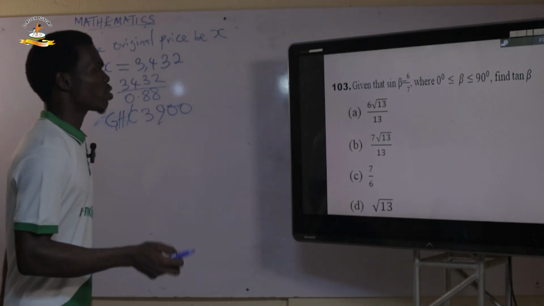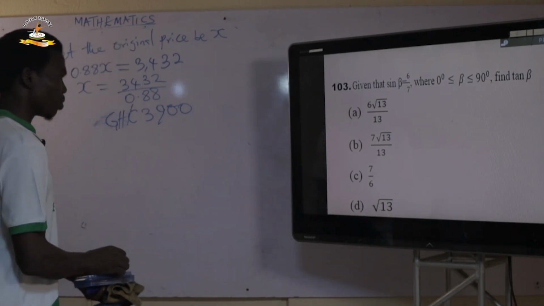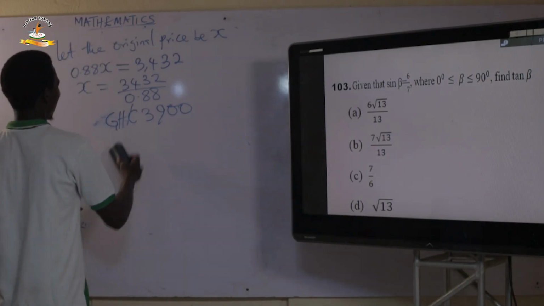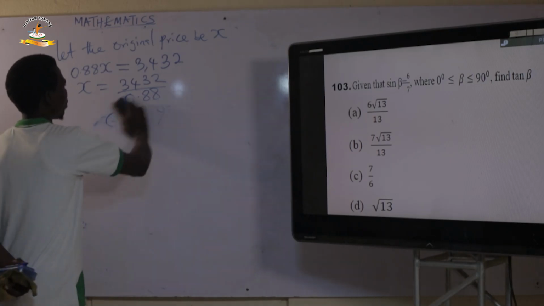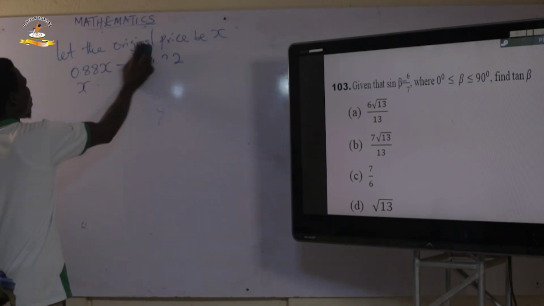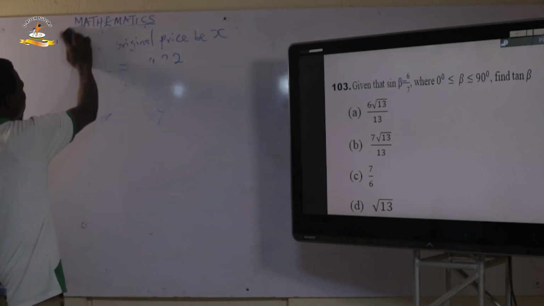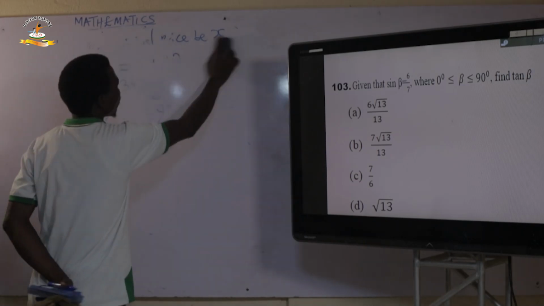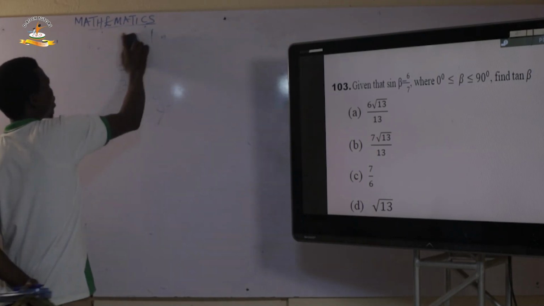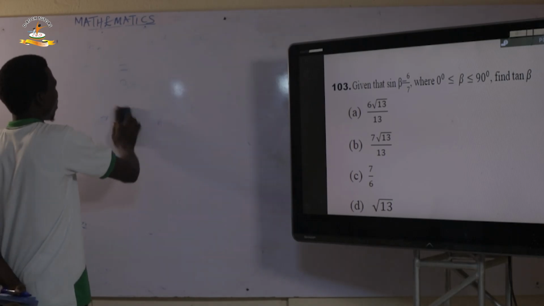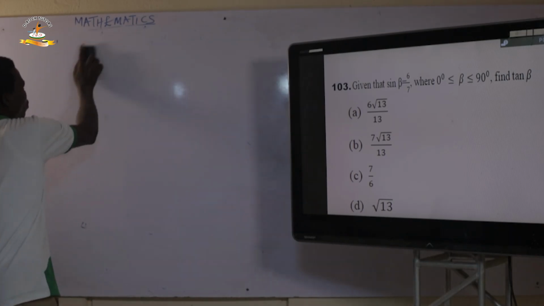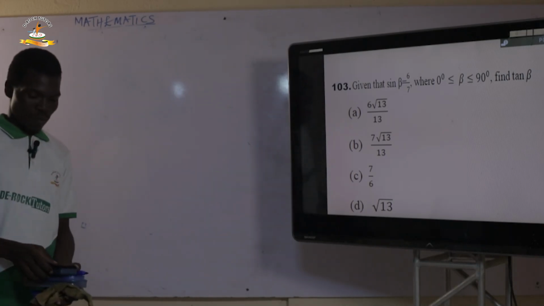All right, question 103. Given that sine beta is 6/7, where 0 degrees is less than or equal to beta, and beta is less than or equal to 90 degrees, we have to find tan beta.